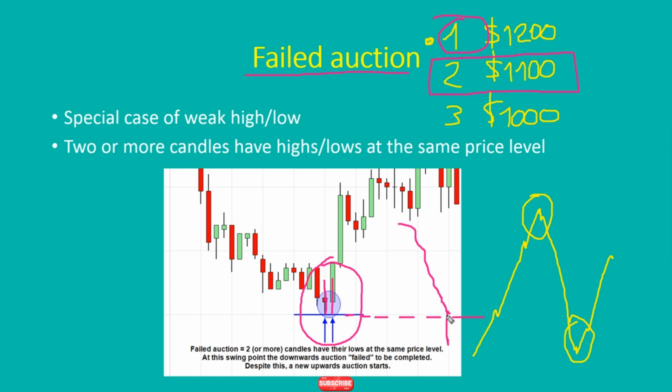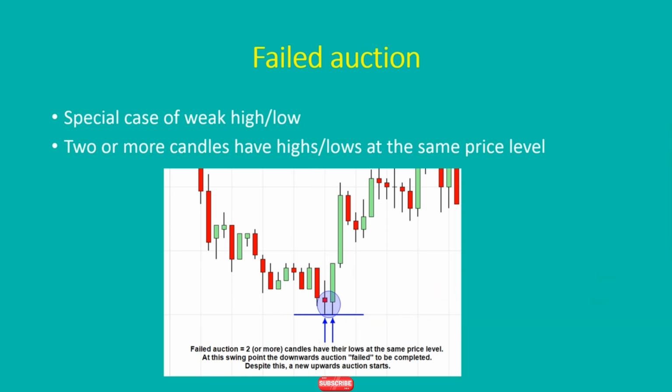The auction could continue downwards, or it could test below it and then continue upwards. But if there is only the one winner, if the auction ends like this, then it will be a successful auction. Alright, so this is how the auction theory works.